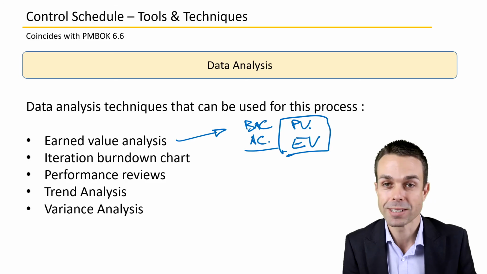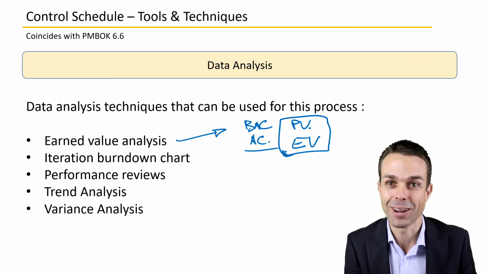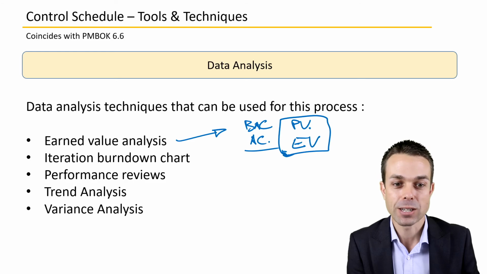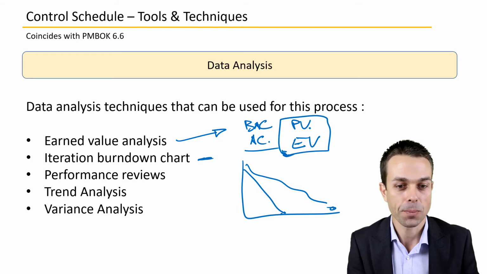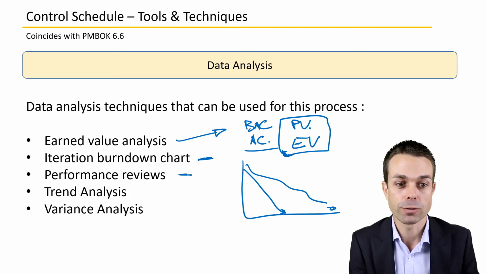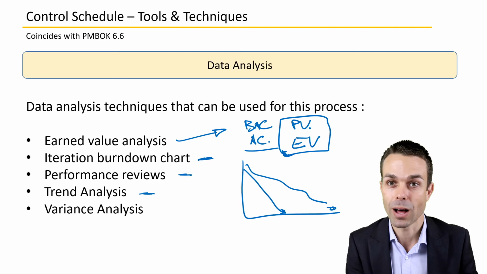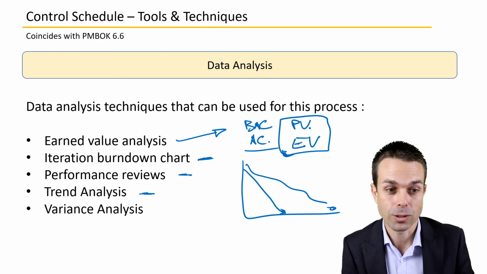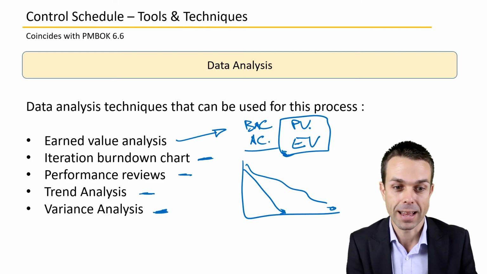And we'll go into more detail in that in a key concepts video as well. The iteration burn down chart to see how we're tracking against what we had planned, just on a nice burn down chart there. And of course, performance reviews, trend analysis, are things going in the right direction or the wrong direction, and variance analysis.